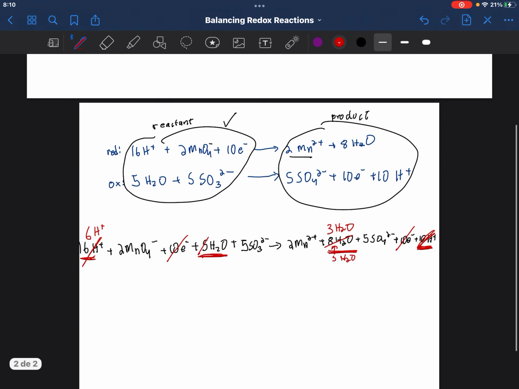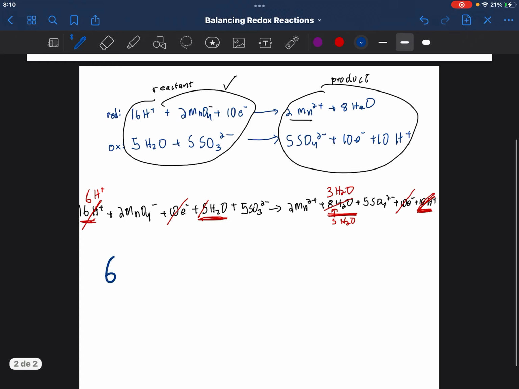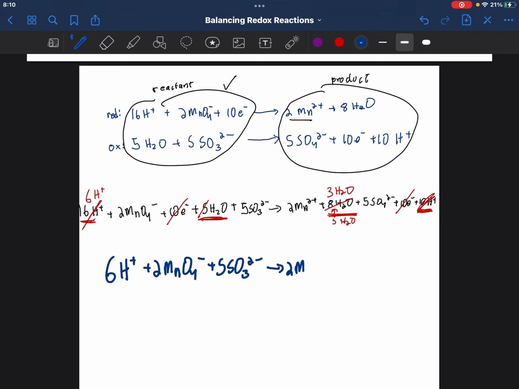So my final ending reaction is 6H+ plus 2MnO4- plus 5SO3 2- yields 2Mn2+ plus 3H2O plus 5SO4 2-. And there we are, nice and balanced.